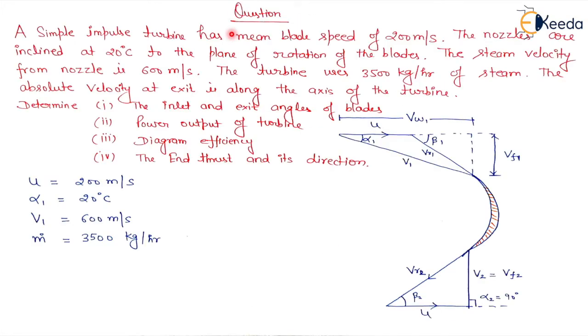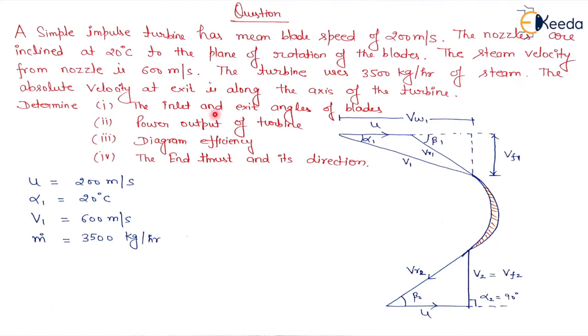Let's see the first question. A simple impulse turbine has mean blade speed of 200 meter per second. The nozzles are inclined at 20 degrees to the plane of rotation of blade. The steam velocity from nozzle is 600 meter per second. The turbine uses 3500 kg per hour of steam.